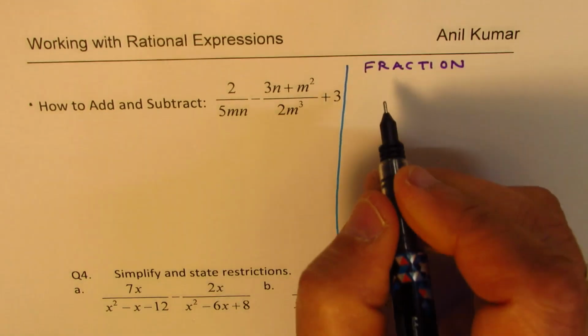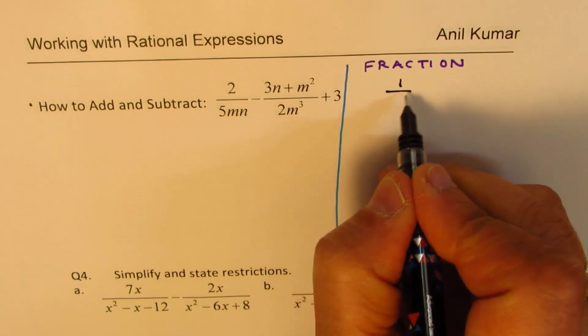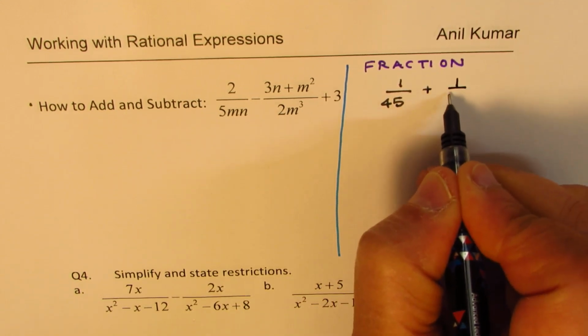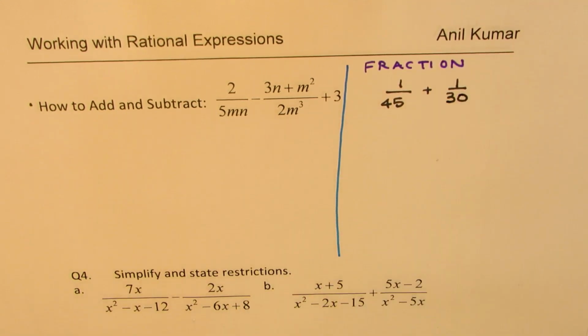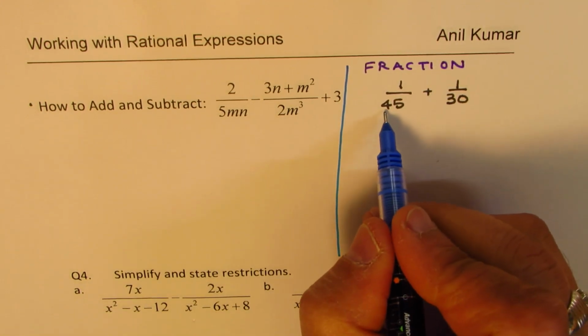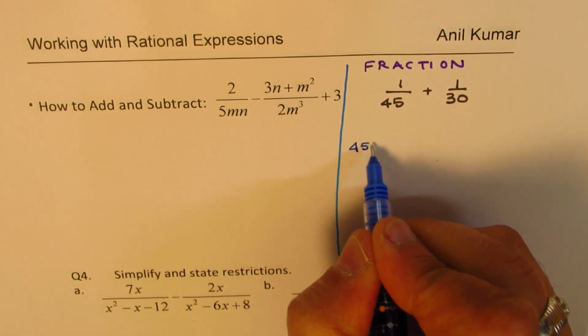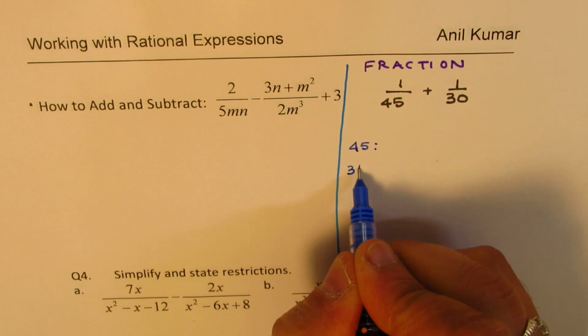Let us say we want to add 1 over 45 with 1 over 30. How do we do that? Well, step number 1 for us is to find factors of 45 and 30. So what are the factors of 45 and what are the factors of 30?